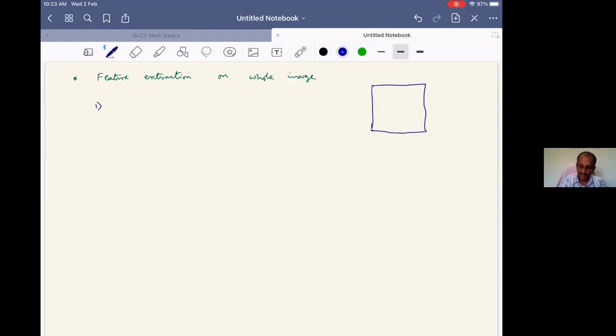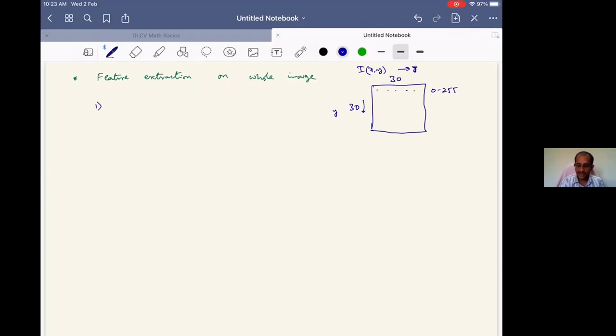Assume that there is, say, a 30 cross 30 image, and the intensities vary in the range 0 to 255. Let this be I of x comma y, with x and y here. Based on notation, you can consider this as y or this as x, or vice versa.